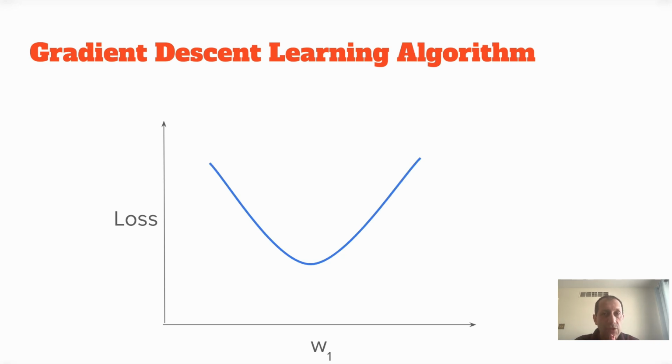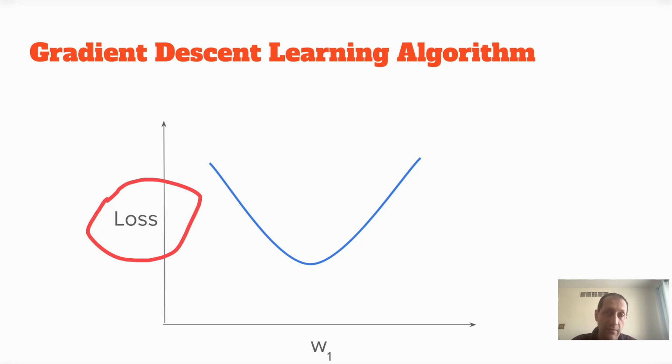So it just so turns out that if you plot loss against any of the model parameters, you're going to end up with this bowl shape, or V shape, or U shape curve. Again, as a reminder, loss is that one number that represents how bad your model is.